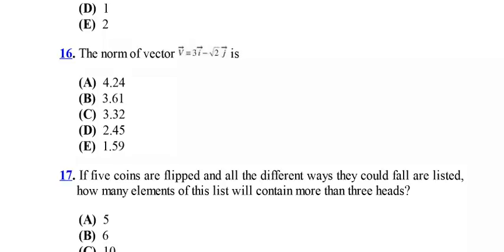Okay, question 16. Basically, you take the magnitude, which is square root of this, square of this is 3 square plus square of this. So square root 2, you square it, so it becomes square root of 9 plus 2, which gives you square root 11.